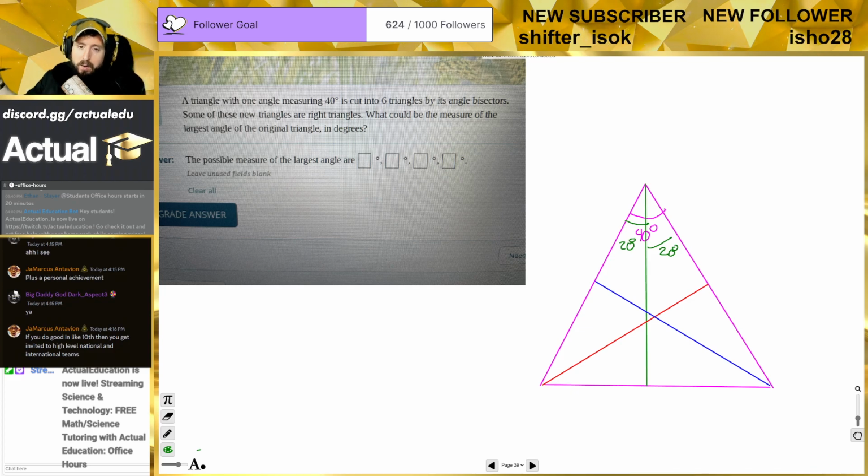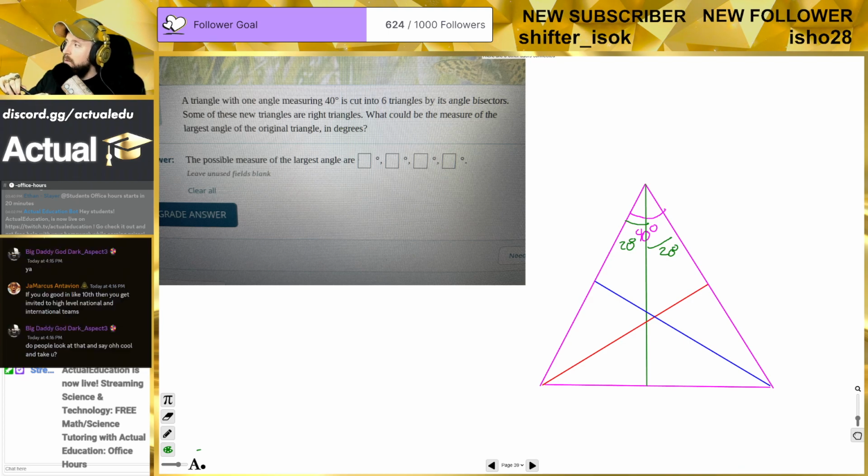And then you don't feel as bad about being bad at something because you're like, oh, well, I'm actually good at something else. So if you do good in the 10th, then you get invited to high-level national and international teams. Wow. I wonder how the team aspect goes because, wait, are you all allowed to take the exam together? Or is it something where you all take it separately and they just add up the scores of everyone on your team? It's not like you collaborate on it, right?